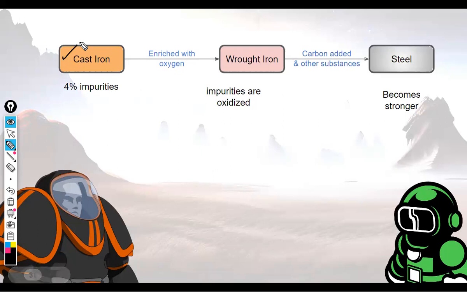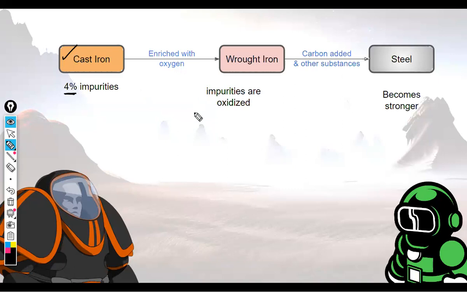No matter how much you try to clean or purify it, when it comes out of that furnace, about 4% is impurities mixed up in that iron. And of course, that makes it a little bit weaker. So cast iron, the iron that just came out of the furnace, is usually the cheapest type of iron. You just call it cast iron.